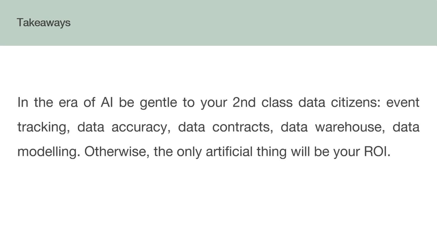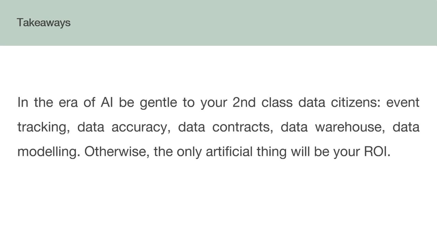And finally, this is my favorite, because coming from the data team, in the era of AI, with so many talks and discussions about AI, just be gentle to your second-class data citizens.